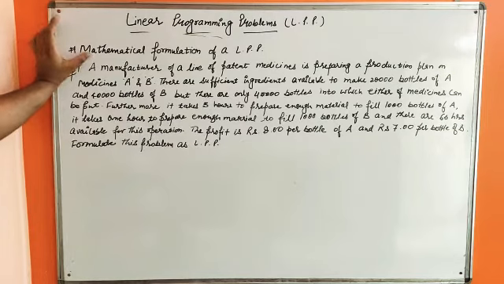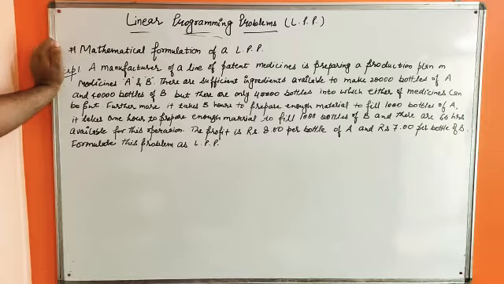The problem is, a manufacturer of a line of patent medicine is preparing a production plan on medicines A and B. There are sufficient ingredients available to make 20,000 bottles of A and 40,000 bottles of B, but there are only 45,000 bottles into which either of the medicines can be put.